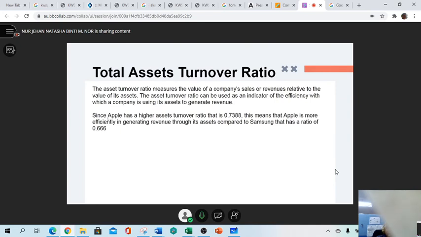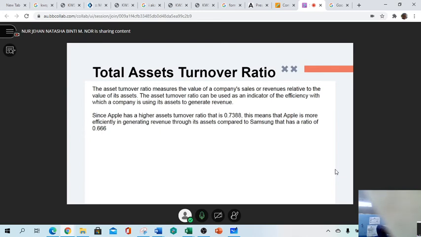Total asset turnover ratio. The asset turnover ratio measures the value of a company's sales or revenue relative to the value of its assets. The asset turnover ratio can be used as an indicator of the efficiency with which a company is using its assets to generate revenue.